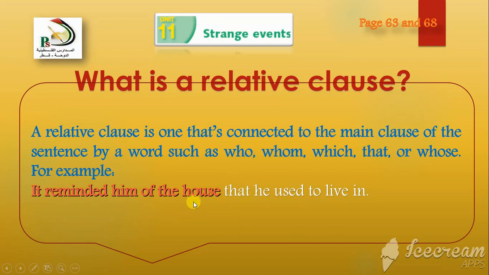That refers to the house. So the relative clause is another sentence that is dependent upon the main one. It gives more information about this one. And we can join it with that, who, whom, which, or whose.